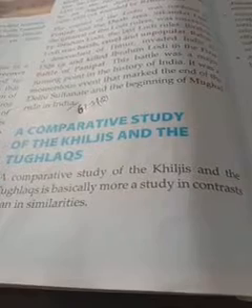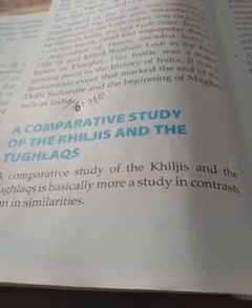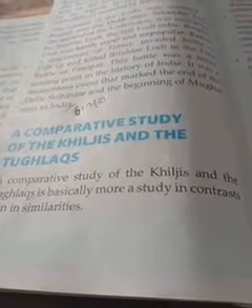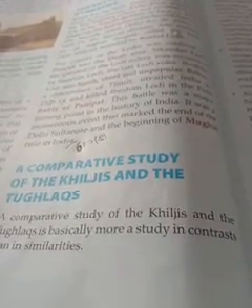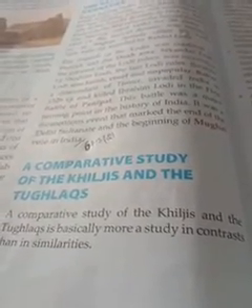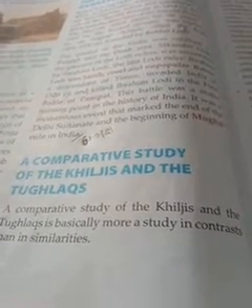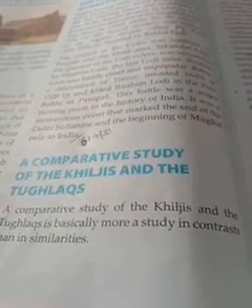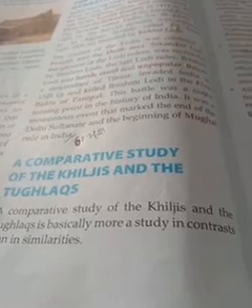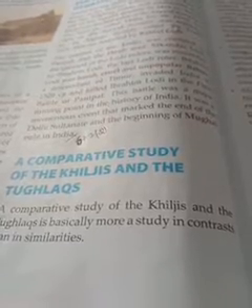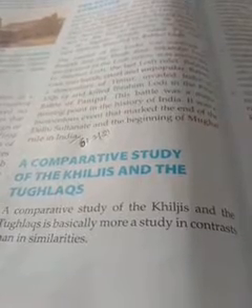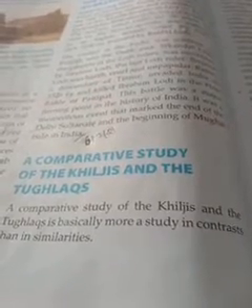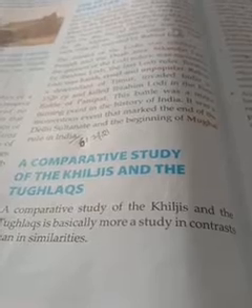Here, the comparative study takes place, especially in the Khilji dynasty, the work and administration of Alauddin Khilji. And in the Tughlaqs, we'll see two persons' achievements and administration, Muhammad bin Tughlaq and Firoz Shah Tughlaq. So let's go through the lesson and try to understand this chapter properly.